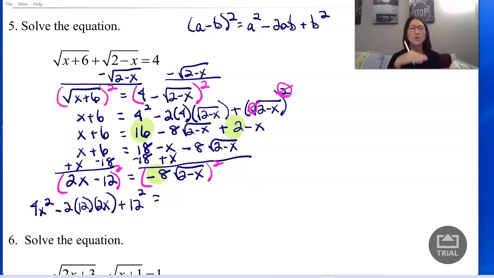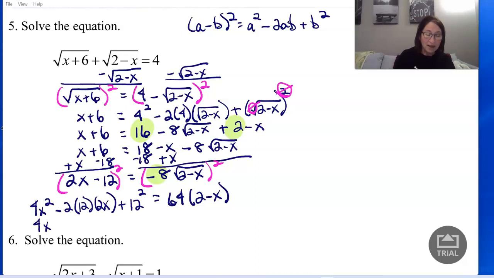So -8 raised to the power of 2 is going to be 64, and then times 2 minus x. Because when I take that radical and raise it to the power of 2, it just allows me to pull out that radicand. Okay, now let's just keep simplifying here.